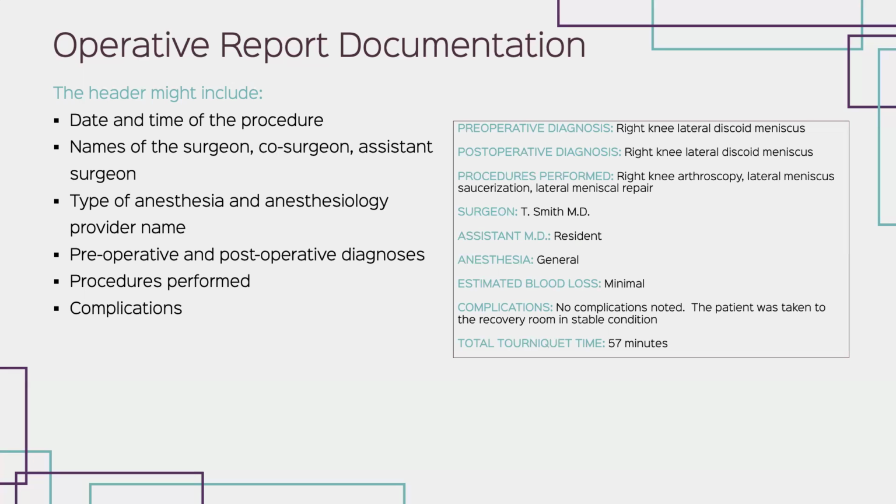If anesthesia is used, the type as well as the anesthesia provider name, any preoperative and postoperative diagnoses, the actual procedure that was performed, and then if any complications were present or did come up during that procedure.